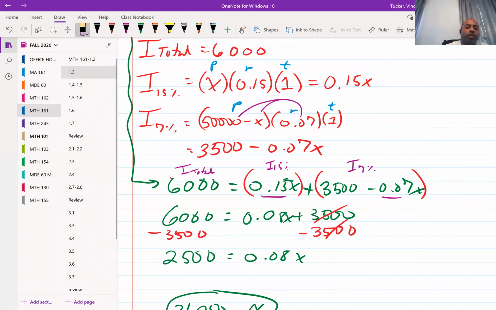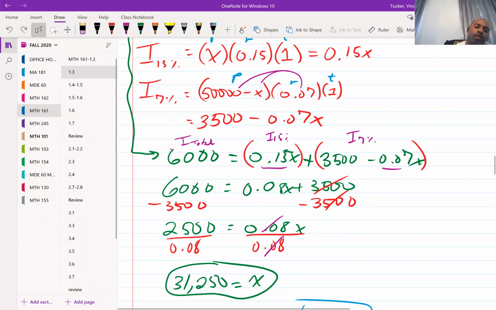So that will be 0.08x equal to 2,500. Then divide by 0.08. X is equal to 31,250.